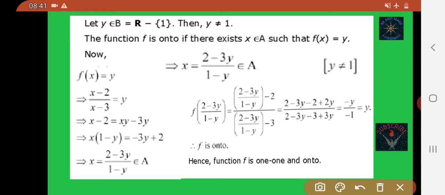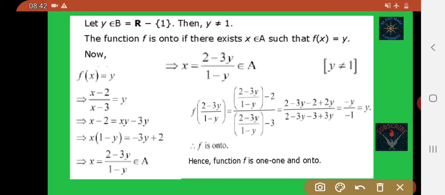So here you choose, let y belong to B set, that is R minus the set that contains 1. Then y does not equal 1, because 1 is not in this set B.